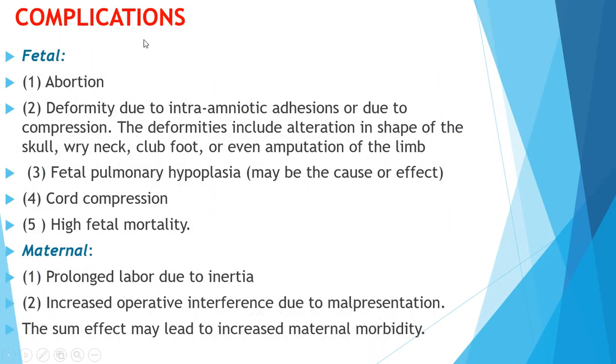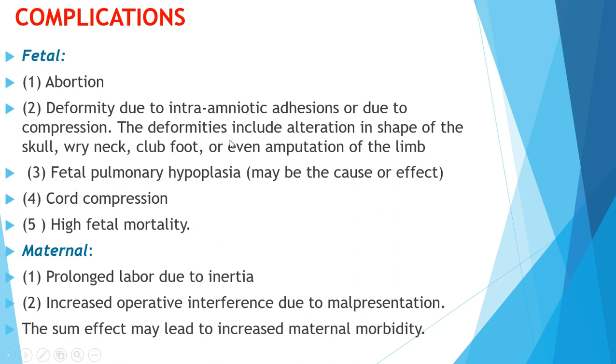Next are the complications. Fetal complications: there is more chance of abortion and deformity due to intra-amniotic adhesions. Because of less fluid in the baby's space, there is more chance of adhesions, the parts of the baby sticking together, or due to compression.